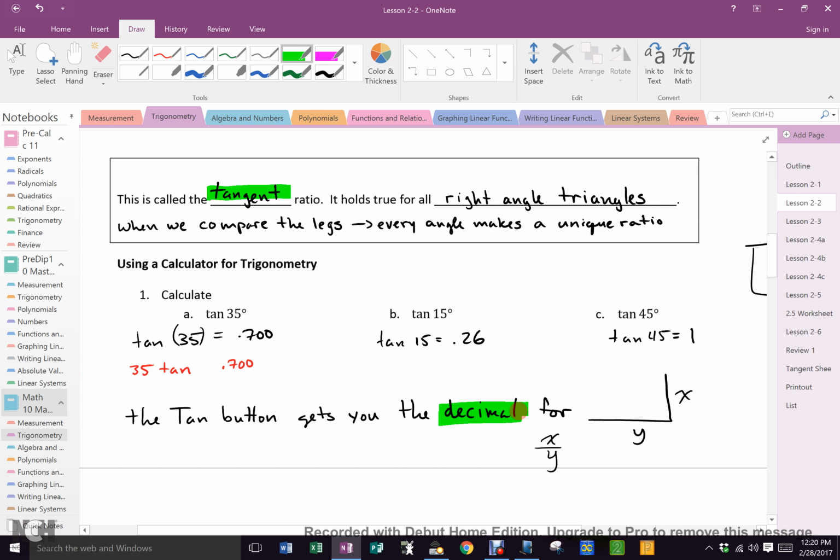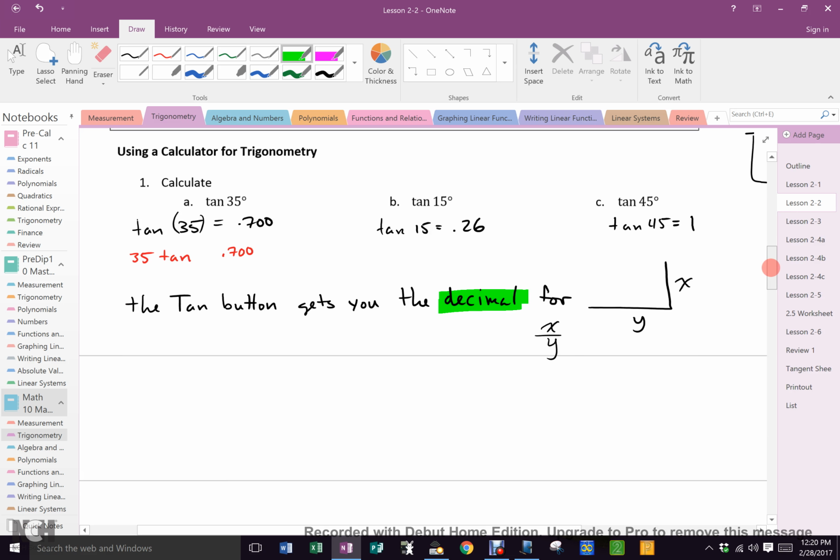It is not going to give you an angle. It gives you the ratio. Is everybody clear there? So if you are ever asked for the ratio of a triangle, it is this fraction or this fraction's decimal. Your calculator gives it to you. Is everybody good? Yeah? The tan button gives it to you. Yes? Everyone's okay? All right.